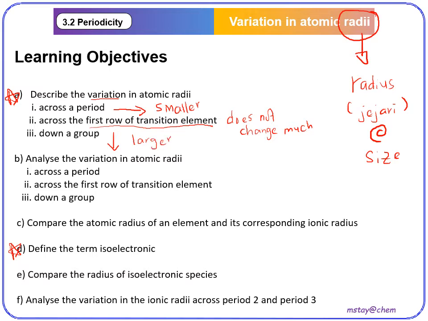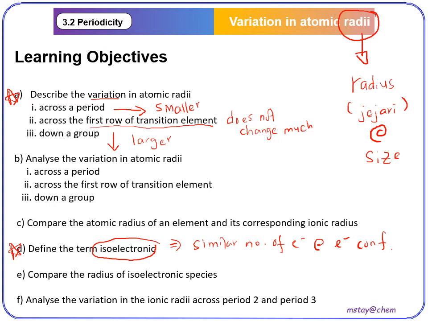And what is the meaning of isoelectronic? It means they have a similar number of electrons, because the species consist of a similar number of electrons, hence they will have the same electron configuration.